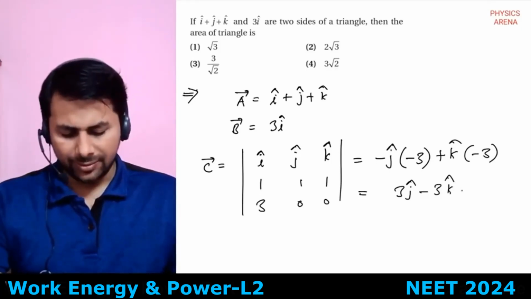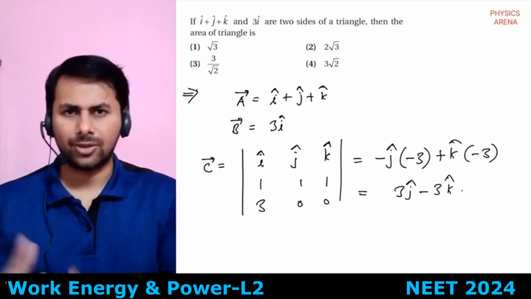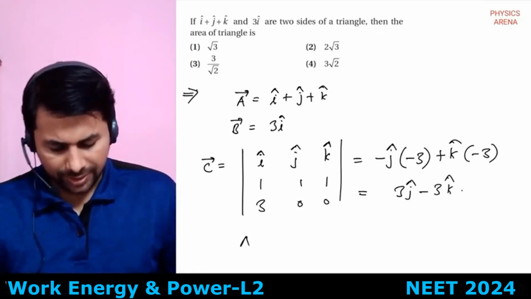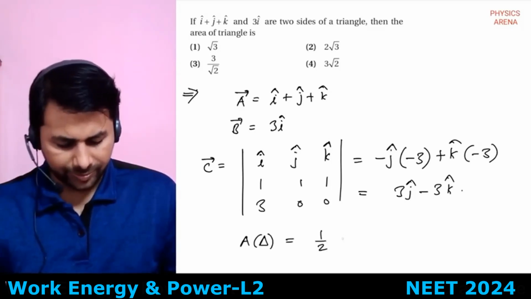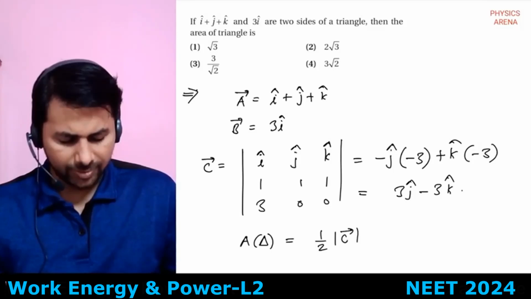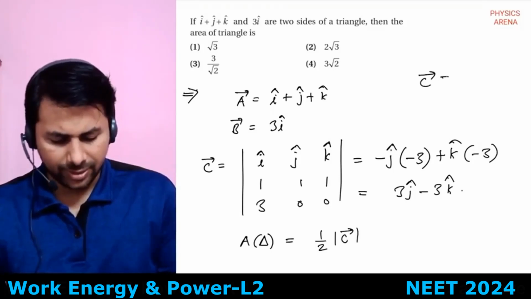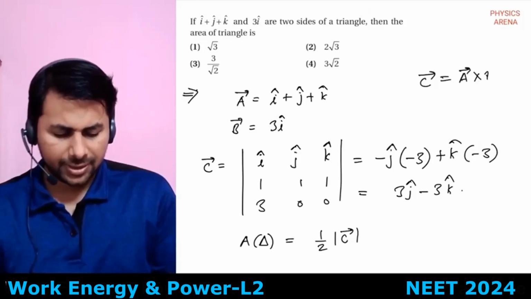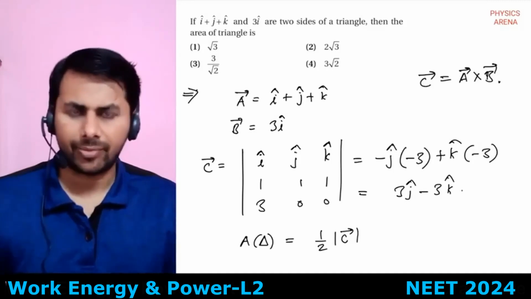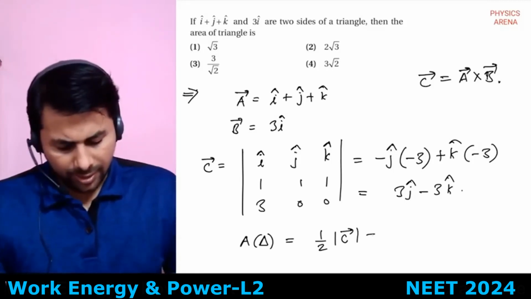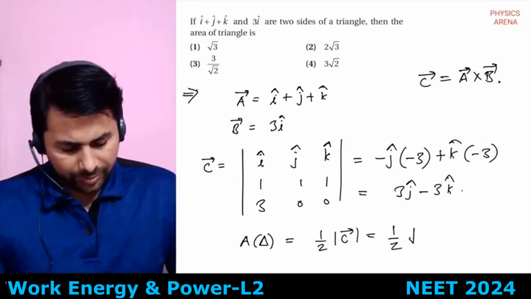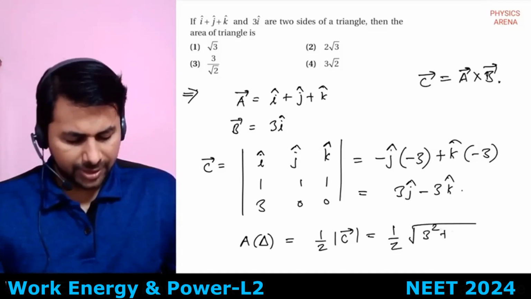And you want area. So this is A bar cross B bar. Area of the triangle is equal to half of the magnitude of C bar, because C bar is equal to A bar cross B bar, right? So it is half of square root of 3 square plus 3 square.